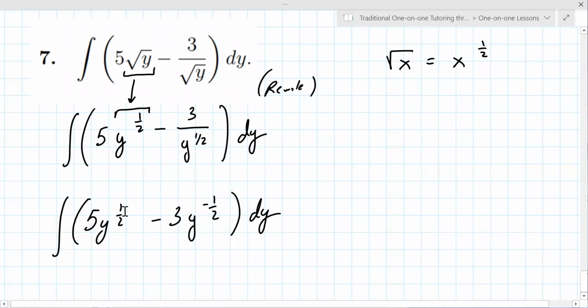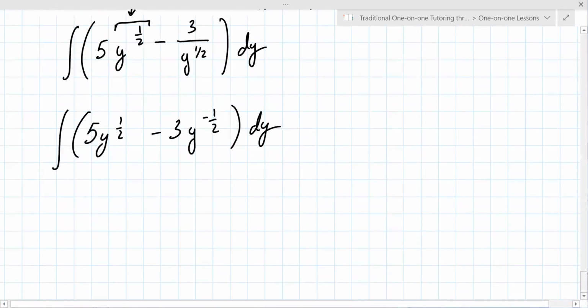So will you calculate the integral from here as practice? Okay. Wait, 1/2 plus 1, right?